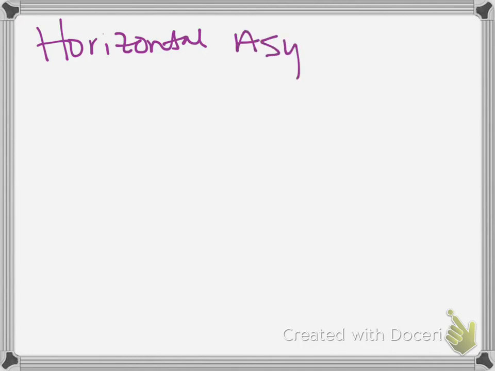Now let's talk about horizontal asymptotes. So horizontal asymptotes, really, you don't necessarily draw them, but what you'll see is that sometimes you almost see an invisible boundary where that horizontal line is. So there are a couple of things. First of all, you can have multiple points of discontinuity. We've seen that already.